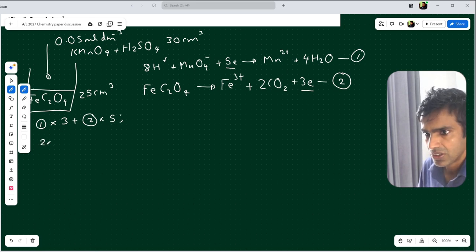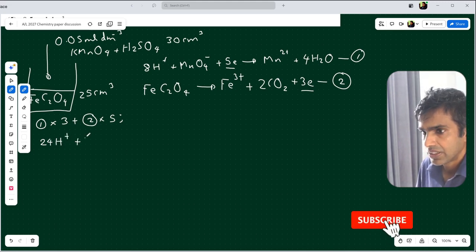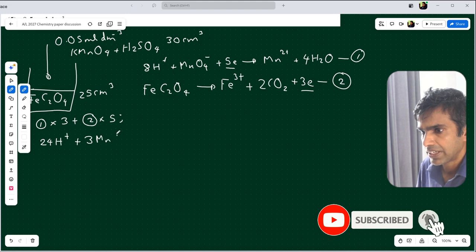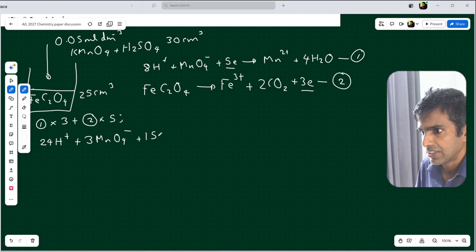So it will be 24 hydrogen ions, 3 permanganate ions, 15 electrons, 5 ferrous oxalates, that is the reactant side.